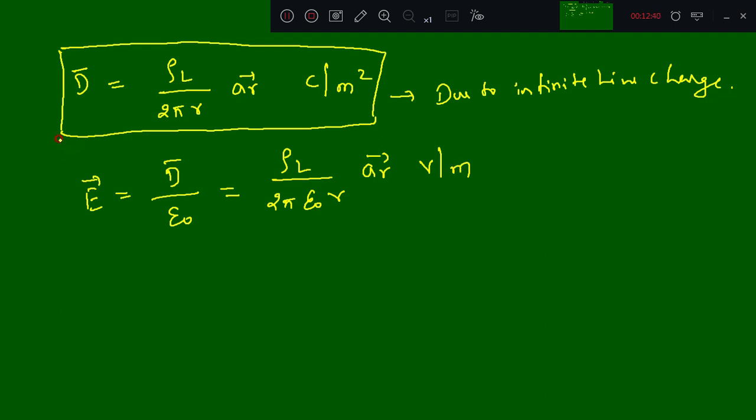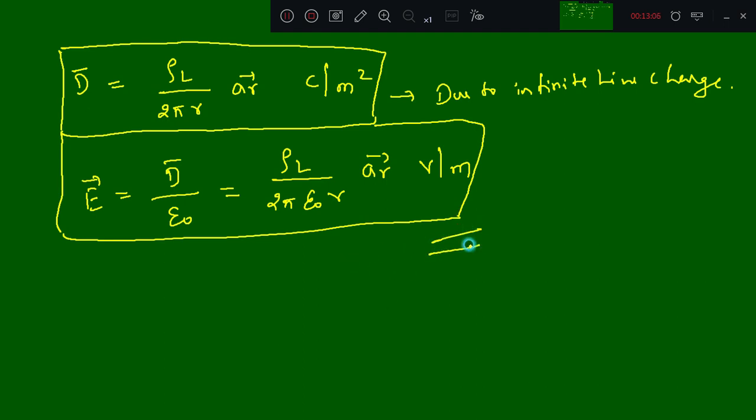The results we get for both are the same according to Coulomb's law. So this is the derivation. The infinite sheet charge and coaxial cable we will see in the next class. So this you practice and try to solve yourself. Thank you.